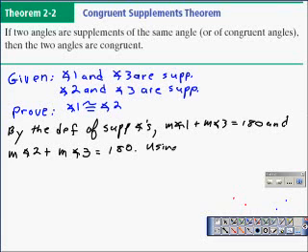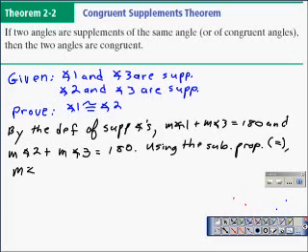So using the substitution property of equality, we can make the statement that the measure of angle 1 plus the measure of angle 3 is equal to the measure of angle 2 plus the measure of angle 3.